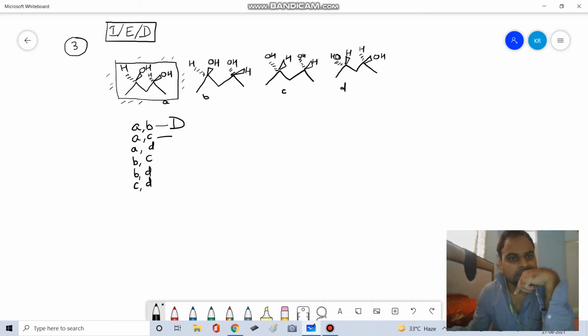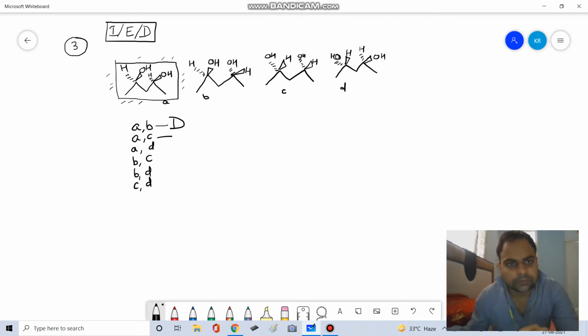In any case, this OH and this OH, which are towards us, will be away from us in the mirror image, and this H and this H, which are away from us, will be towards us. I am repeating, I am keeping the mirror parallel to the screen of the laptop.